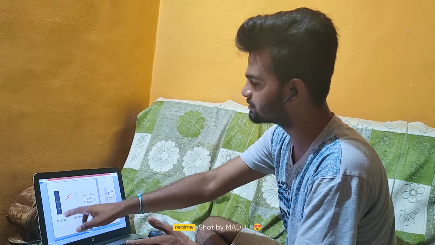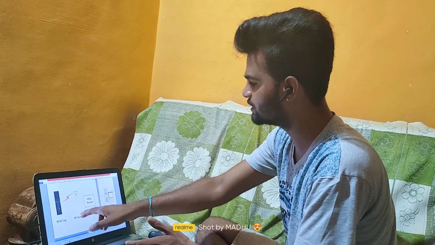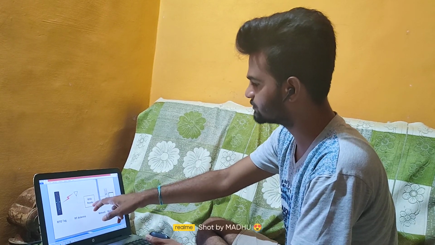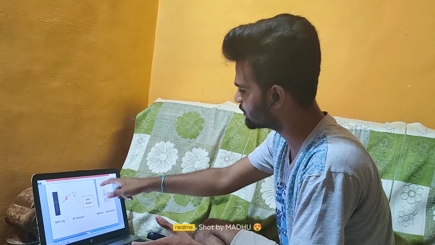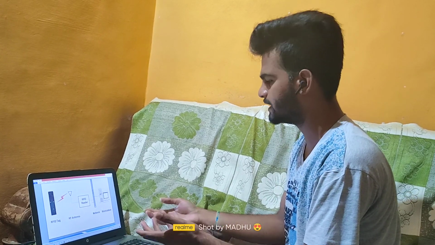This RFID tag is scanned by the RFID antenna. Then the RFID reader reads the RFID tag, and after that it goes to the network. Then it goes to the workstation, where any details of the RFID tag appear.